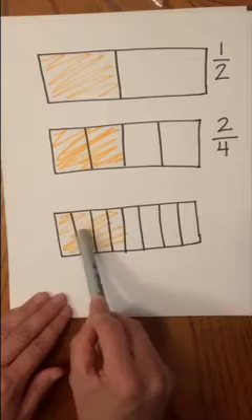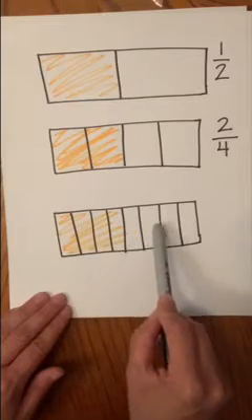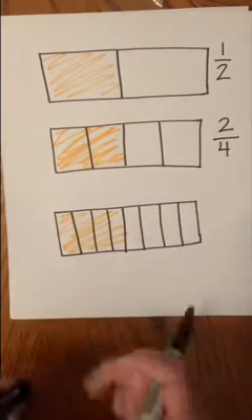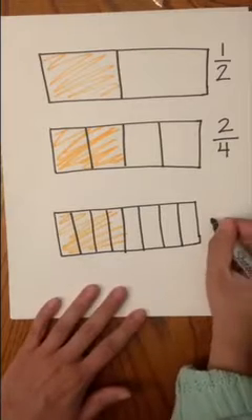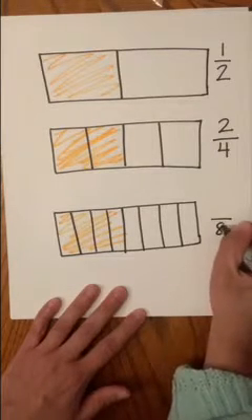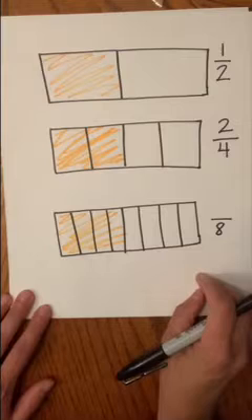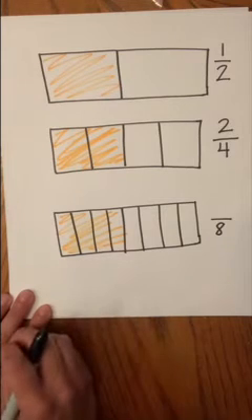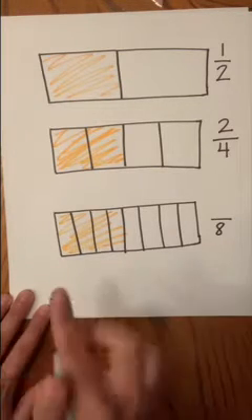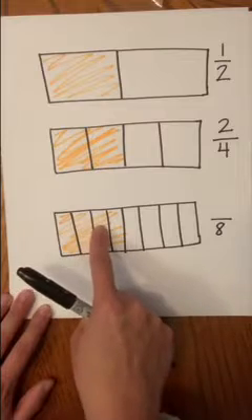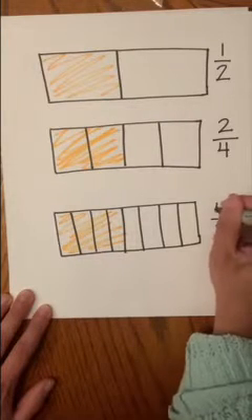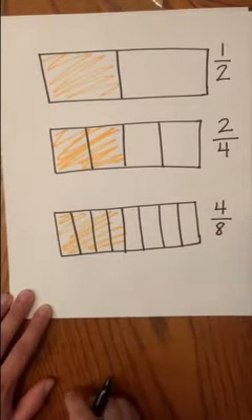Let's see, 1, 2, 3, 4, 5, 6, 7, 8. Sure did. I made eighths. How many parts of those eighths are shaded now, though? 1, 2, 3, 4. 4 eighths.